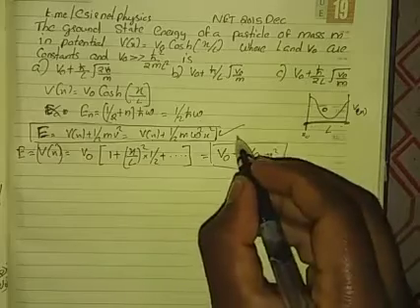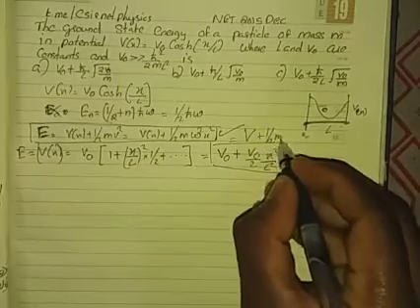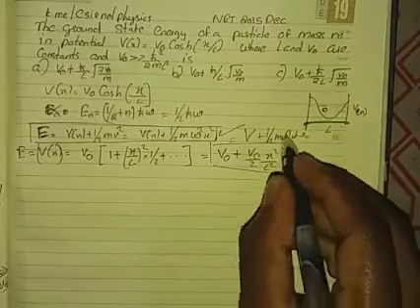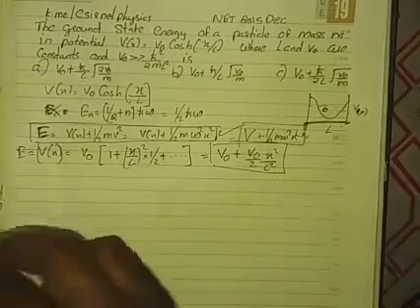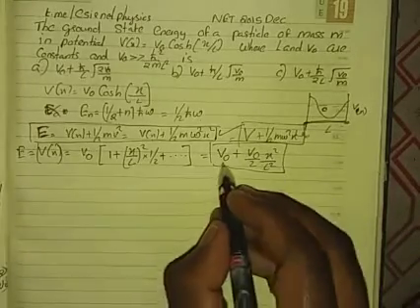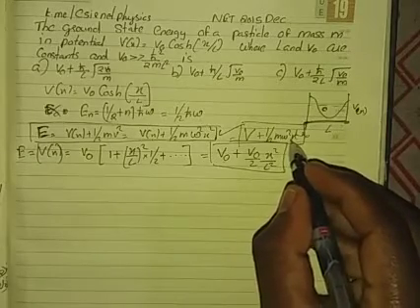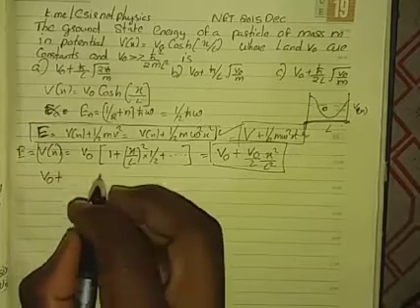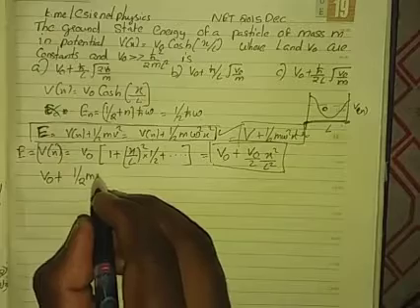So V0 plus this term can be compared with V plus half m omega square x square. How can we compare it? Both have the term x square. In this equation I'm going to take out half m and x square.